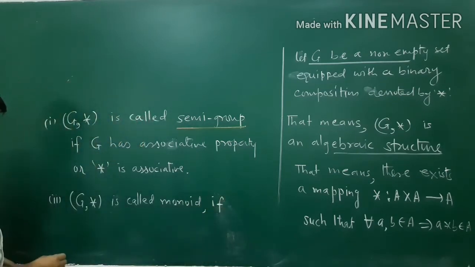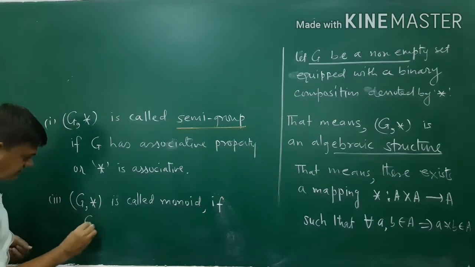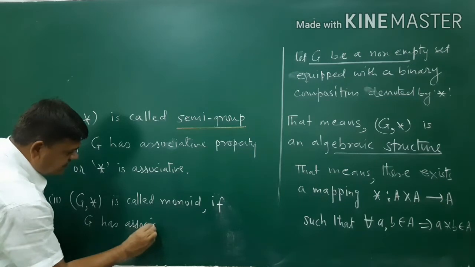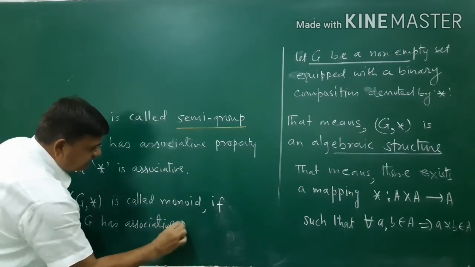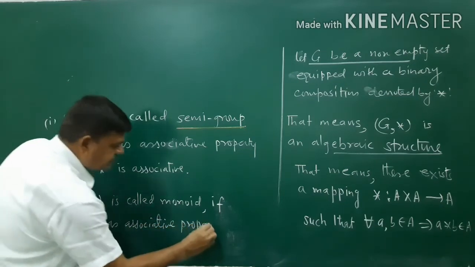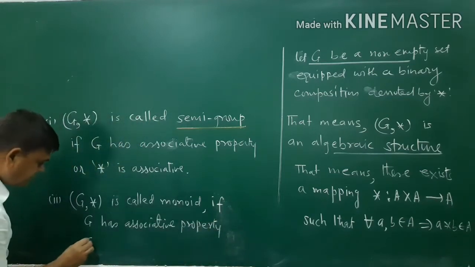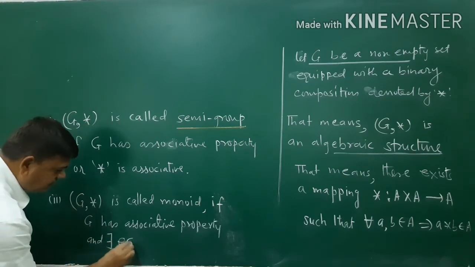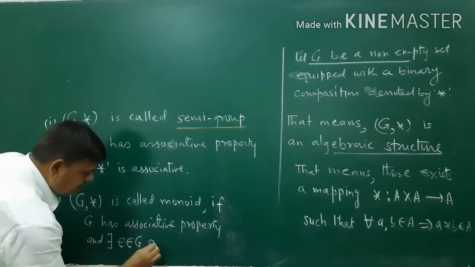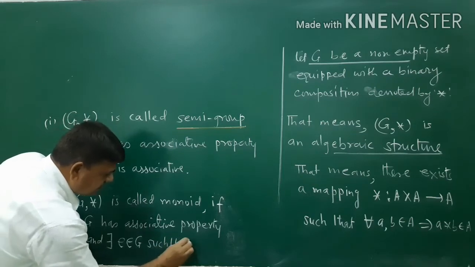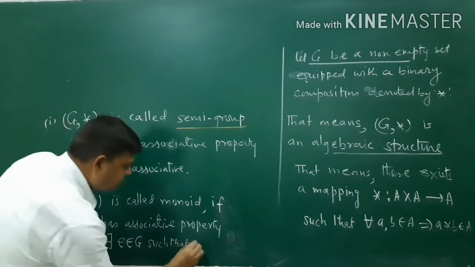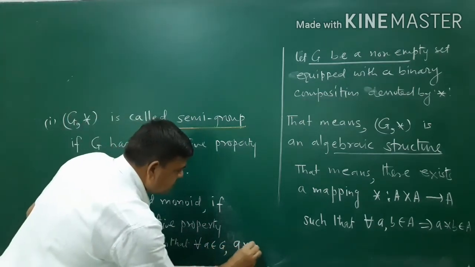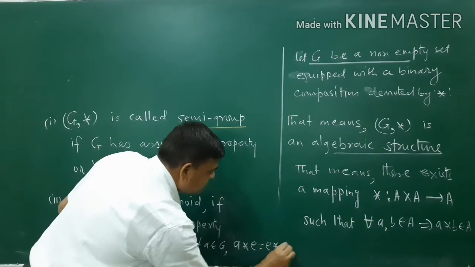if G has the associative property and there exists e belonging to G such that for all a belonging to G, a * e = e * a = a.